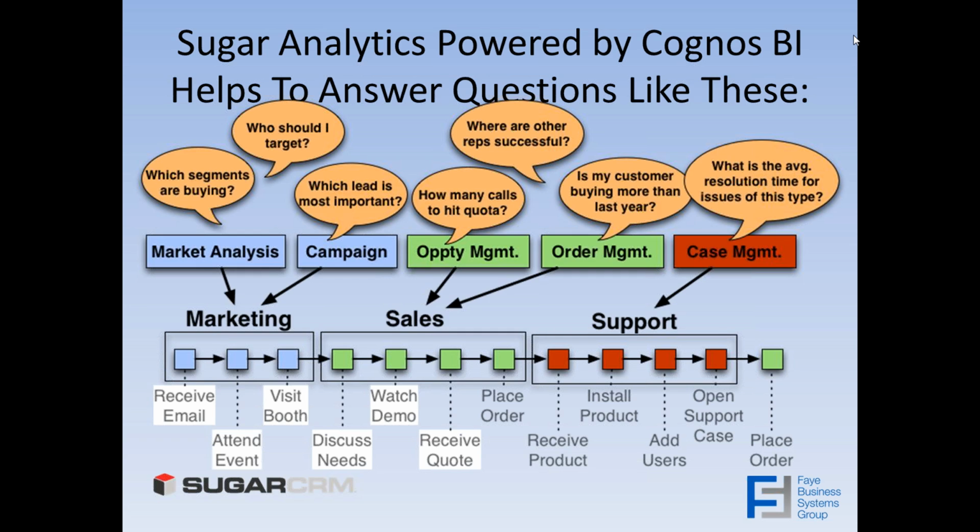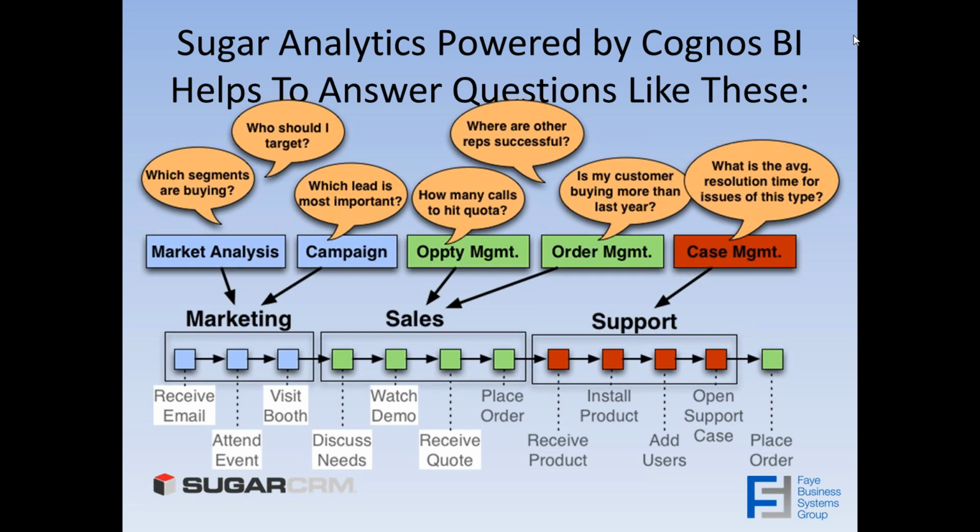Similarly, on the support side, there's a number of metrics and analysis that can be done for support in terms of things like call resolution time, identifying areas where there's the highest call volume, which might indicate problems in the product.